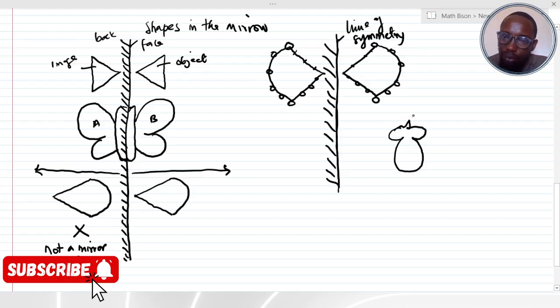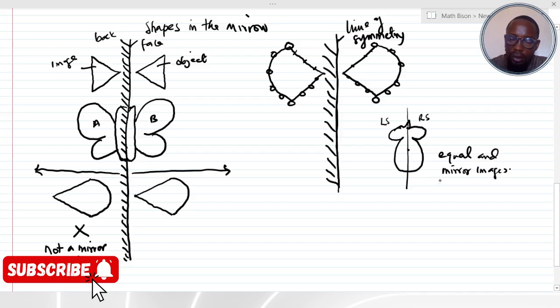Think about a line you are drawing somewhere midway, such that the shape can be folded, such that the left side and right side are equal and mirror images of each other.